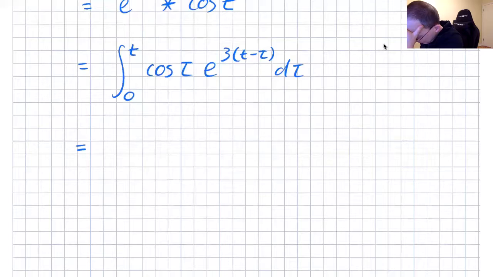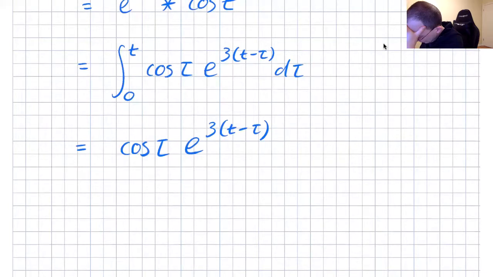So integration by parts, I'm going to first need to integrate this. So integrating this is going to be what? So integrating with respect to tau. So that will be e to the 3t minus tau. And then what do I need to multiply by?